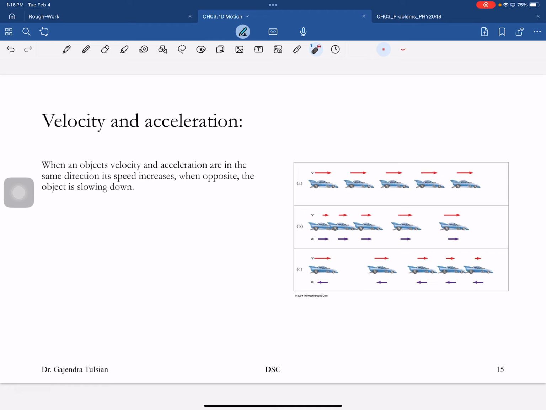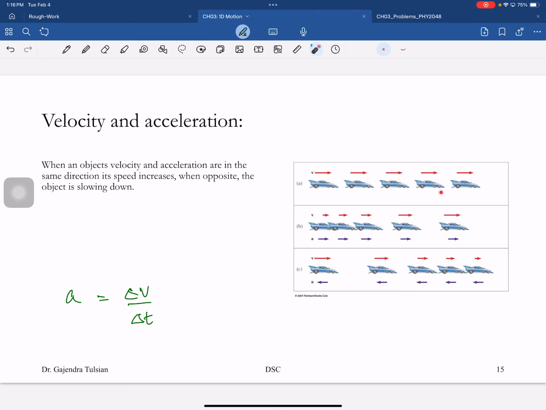All right, so we've already talked about this. So here's the velocity vector of a car. What do you see about the velocity vector? Not changing. The magnitude has not changed, neither has the direction. Okay, remember acceleration was defined as change in velocity over time.